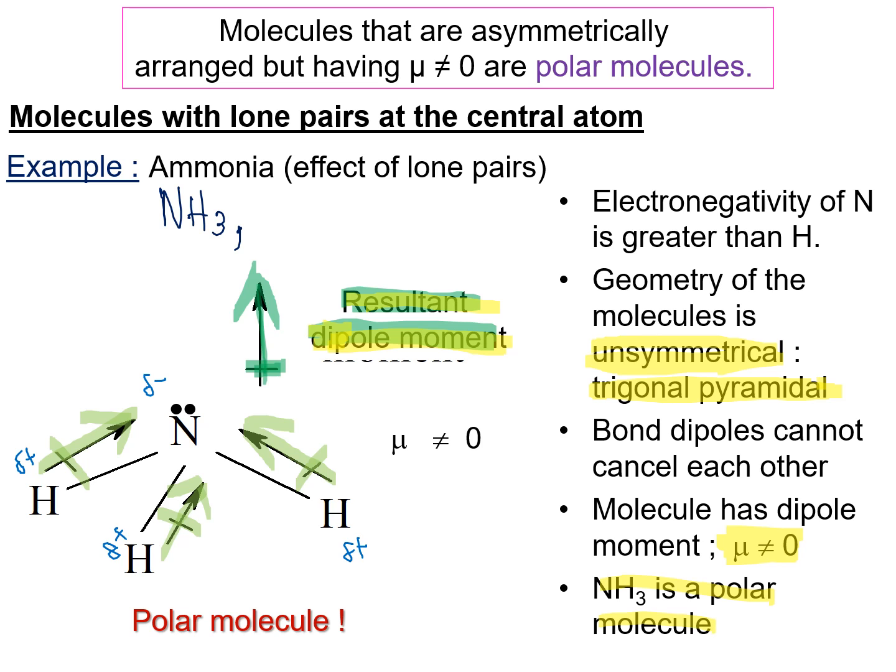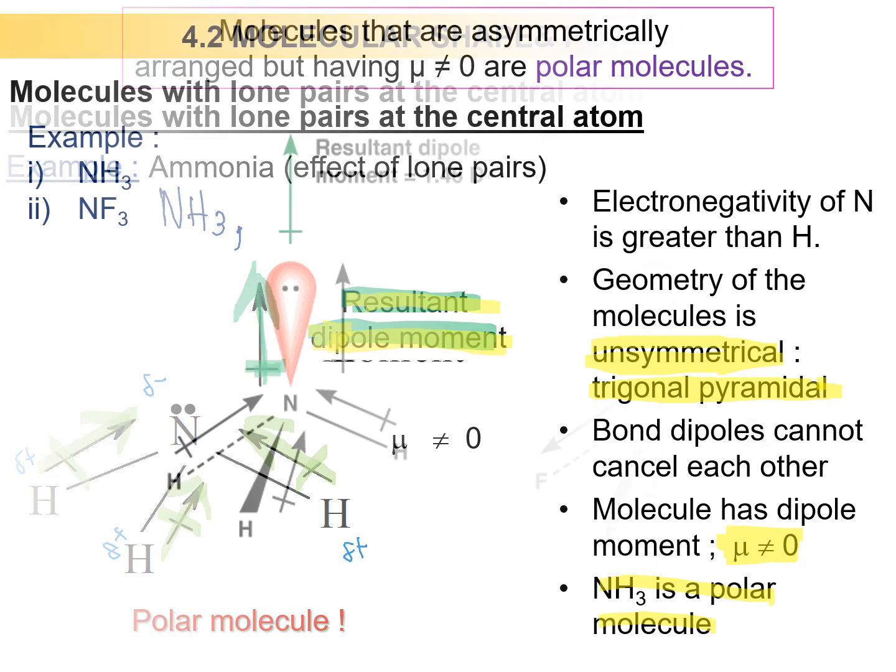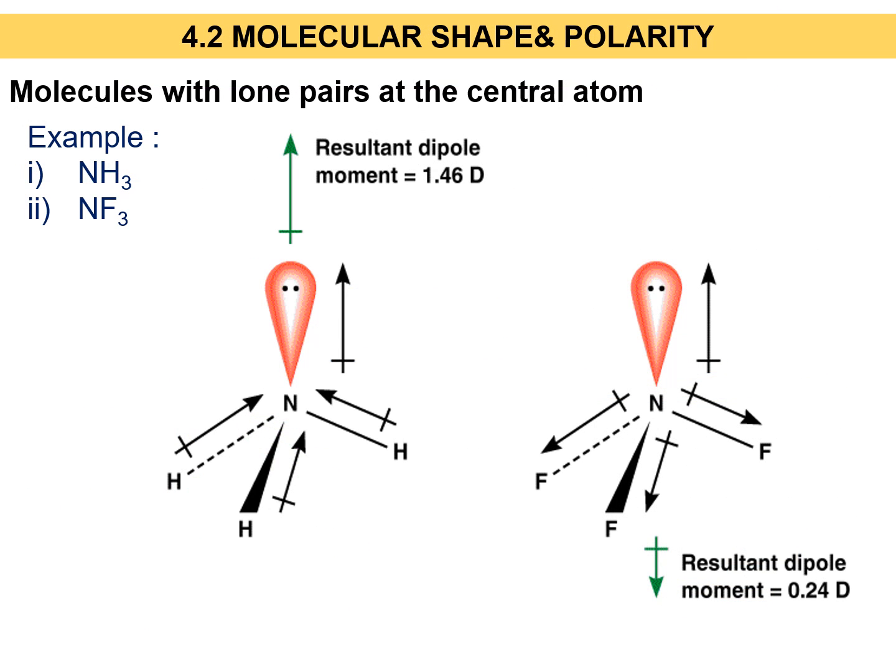Okay, so next, ni sebagai contoh lah, nak tunjuk molekul yang dengan lone pair ni. Okay, sebagai contohnya, if let's say you ada NH3 dengan NF3, so this is how it looks like. Tak kisahlah dia NH3 ke NF3 ke, tapi dia still akan ada lone pair di atas nitrogen.